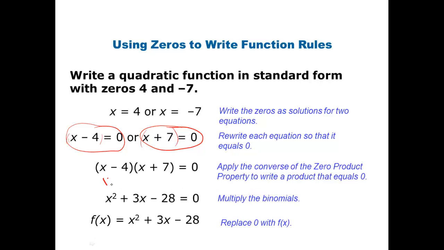Okay, so we would have x squared, plus 7x minus 4x minus 28. Remember that our factors add up to the middle term and multiply to the last term. And our last step, put an f of x with it so that it is in function form.